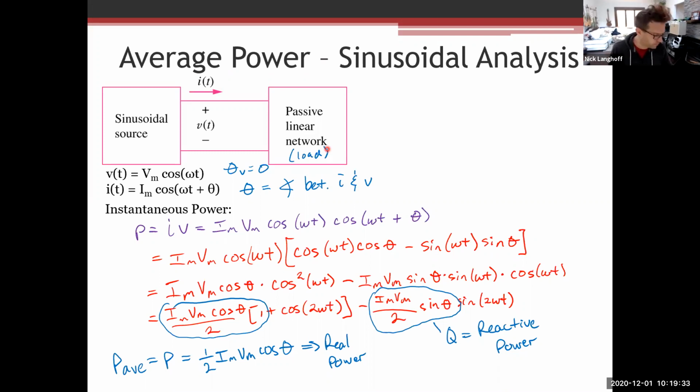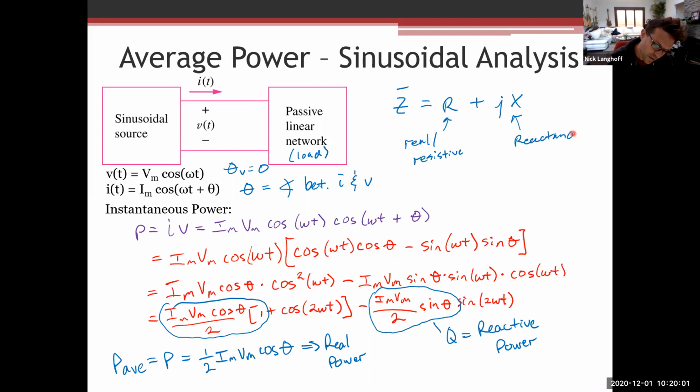Okay, one thing to remember as well is that this load, in general, is some impedance, and we can express any impedance as a real or resistive part of the load plus j times X, which is the reactance.